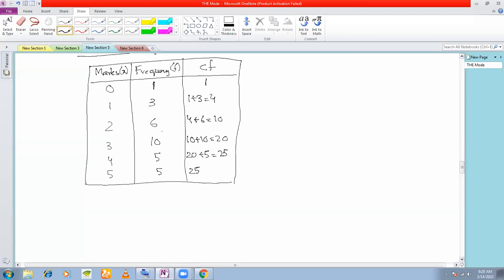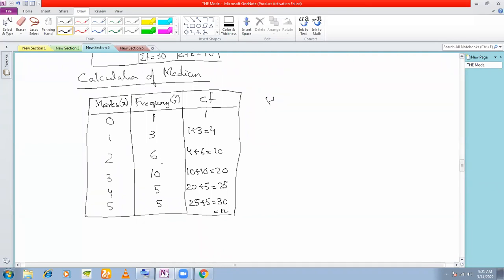And finally, 25 plus 5, which is equal to 30. And this must be equal to your n. So here, n is equal to 30. So this is even here.